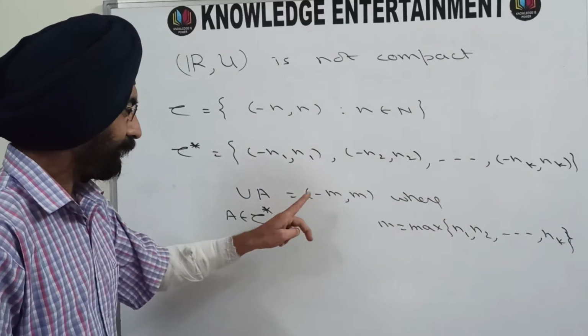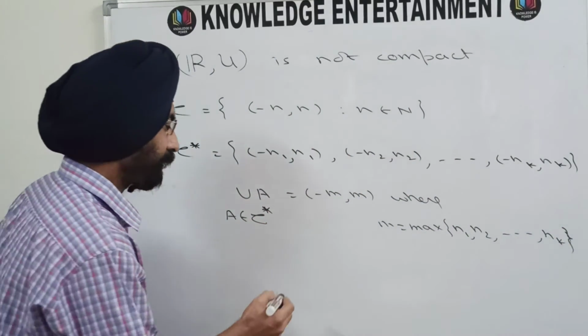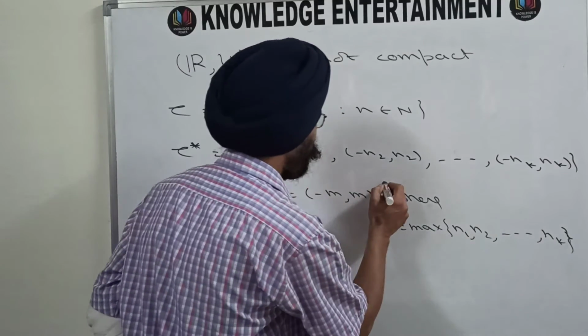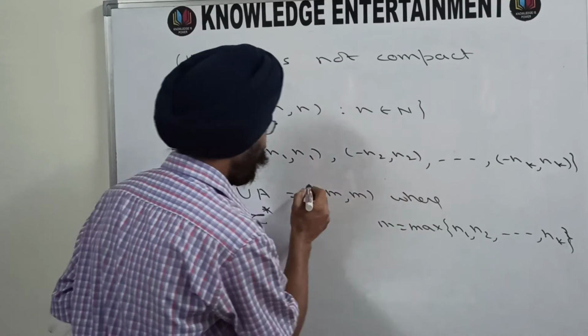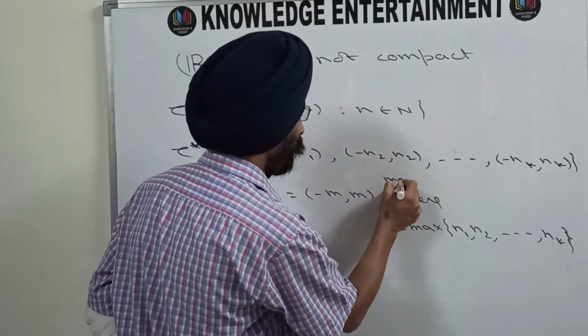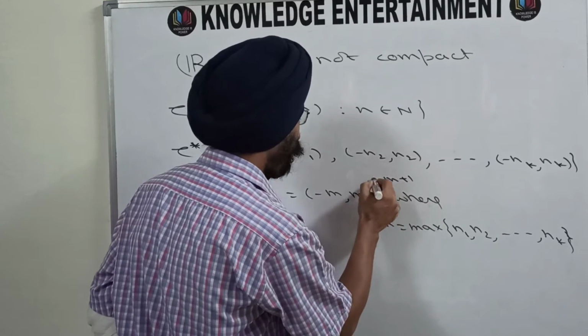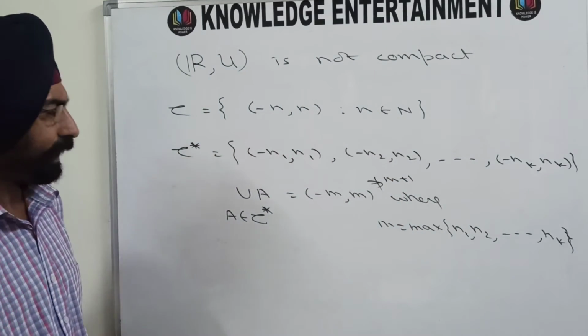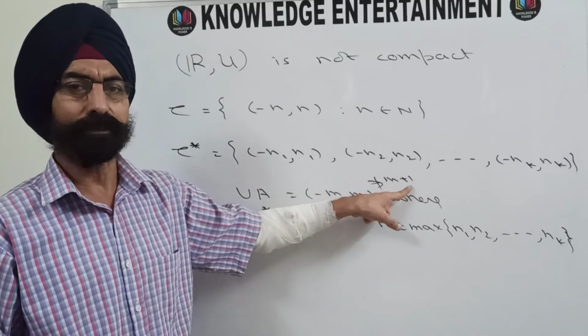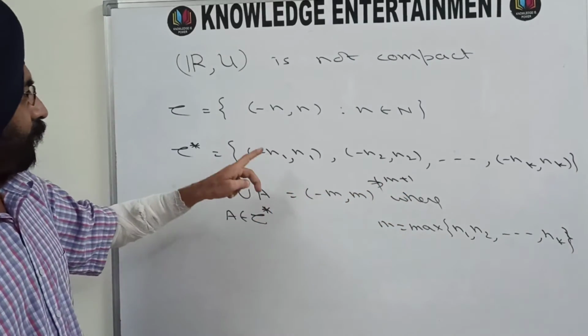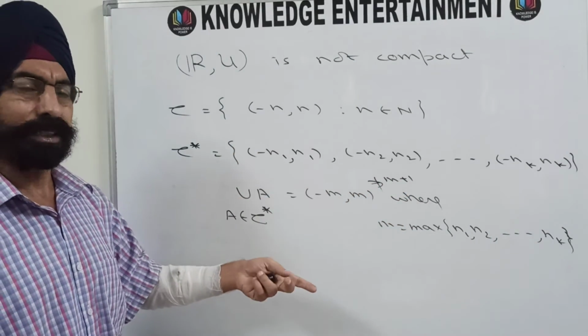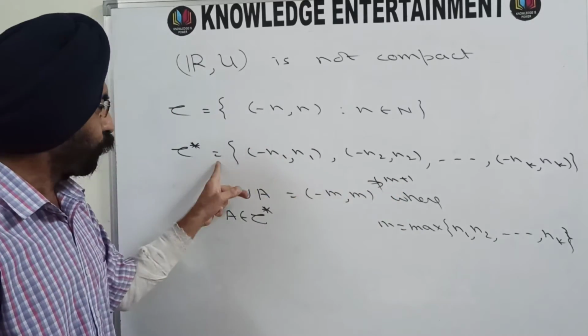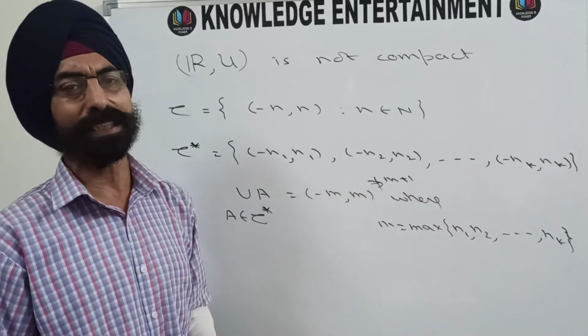But this union does not contain the element m plus 1. m plus 1 is not contained in this union, whereas m plus 1 is also a real number. So there are infinitely many real numbers, in fact, which are not contained in the union of these finite number of members of C star.